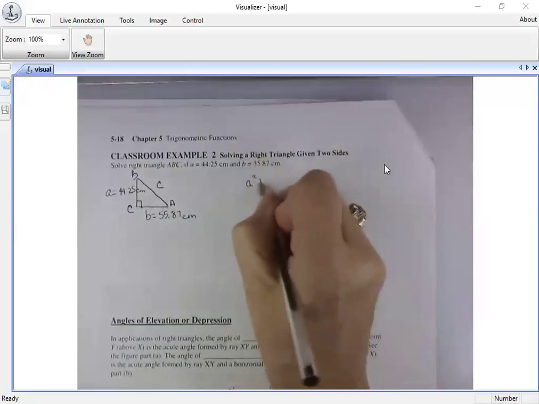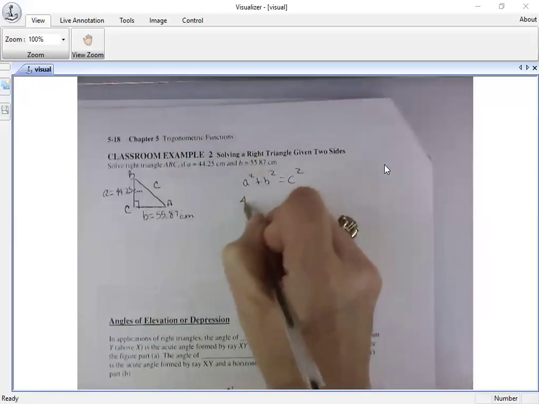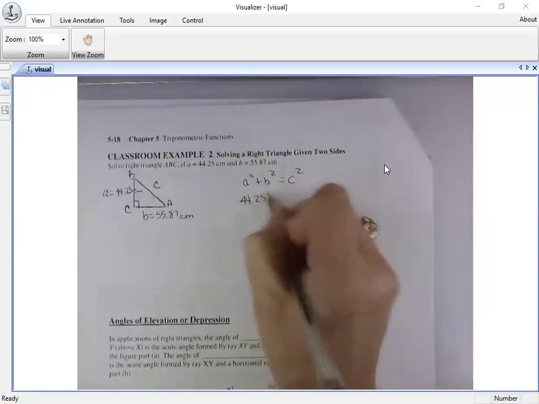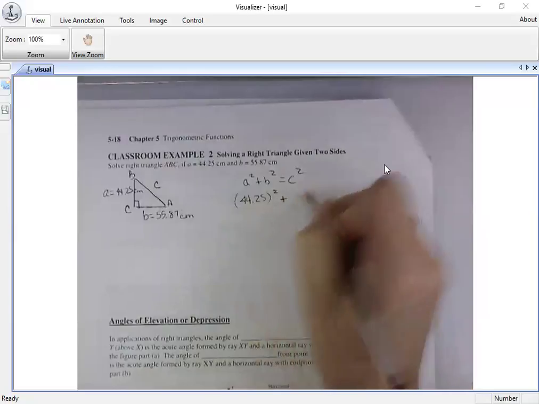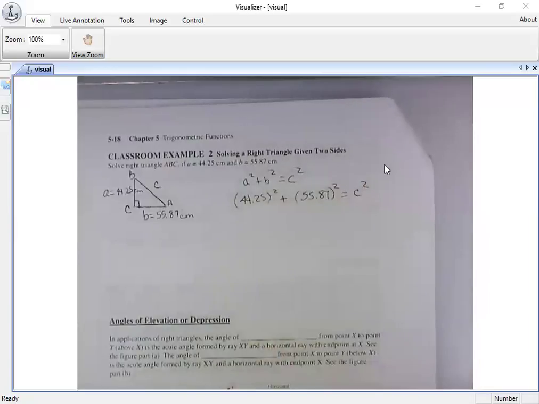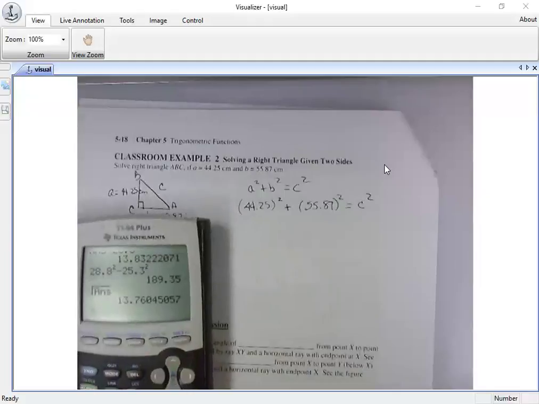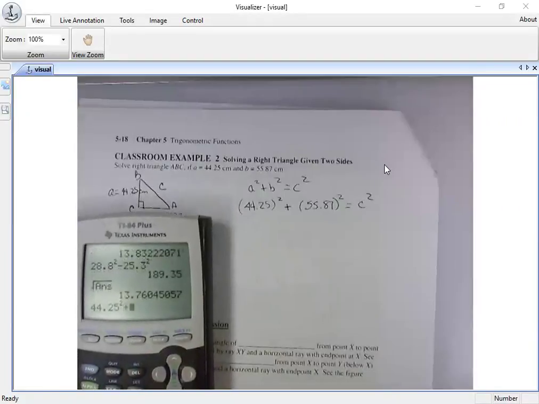A squared plus B squared equals C squared. So we're going to put in the 44.25 for A, square that. 55.87, square that for B, and that's going to equal C squared. All right, calculator time. 44.25, we're going to square it, plus 55.87, and we're going to square that.